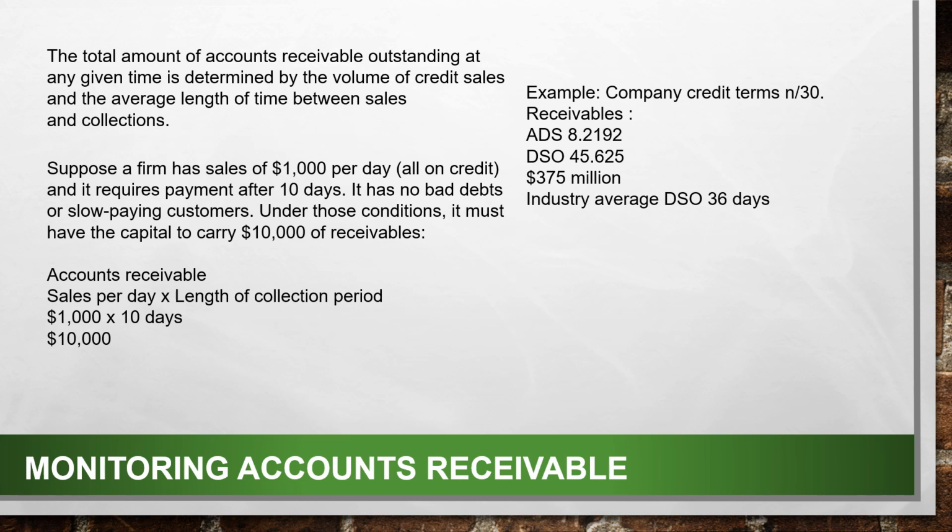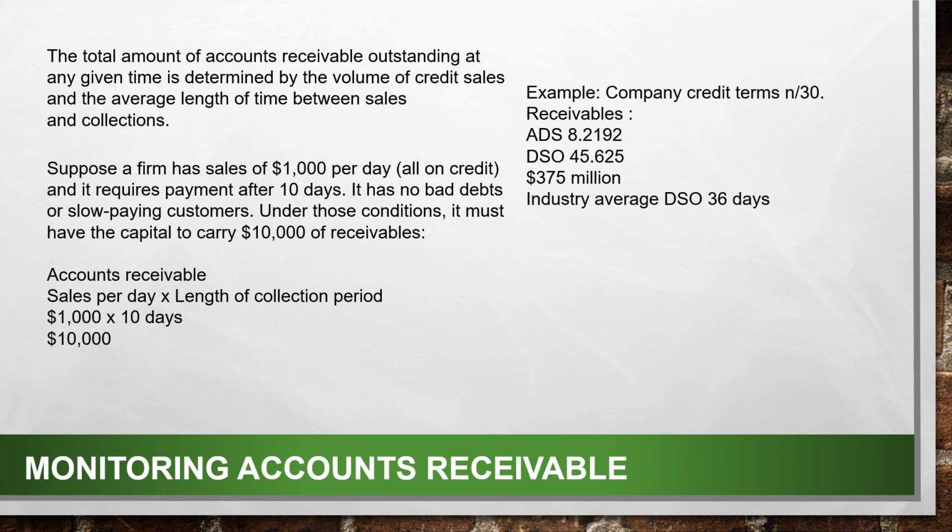For example, we have a company with credit terms of N30, meaning the customer can pay any day within 30 days. It has average daily sales, or ADS, of 8.2192 million, and those sales are outstanding for 45.625 days.